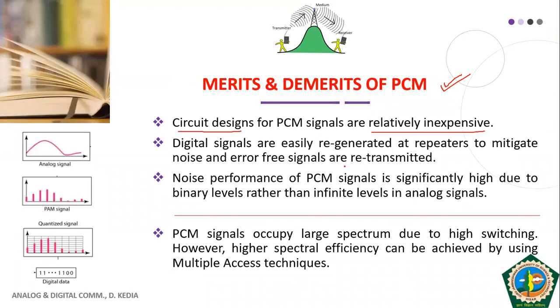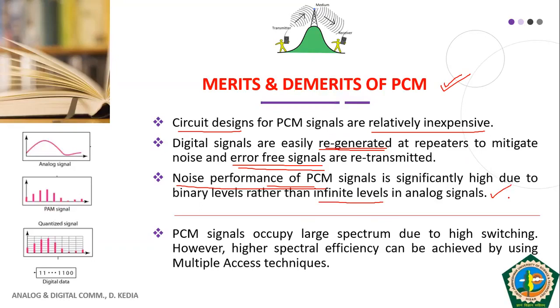Another advantage, as I told you, is that noise does not accumulate in case of a PCM or digital signal, because digital signals can be regenerated and we can retransmit error-free signals after the repeater. That is a very important merit of PCM. Because of that, the noise performance of a PCM signal is significantly high due to a finite number of levels, as compared to infinite levels in the analog signal.